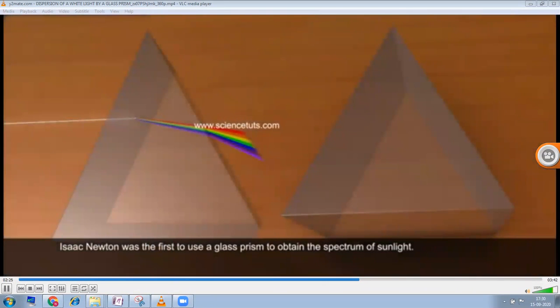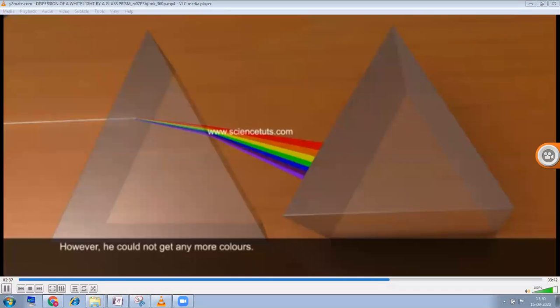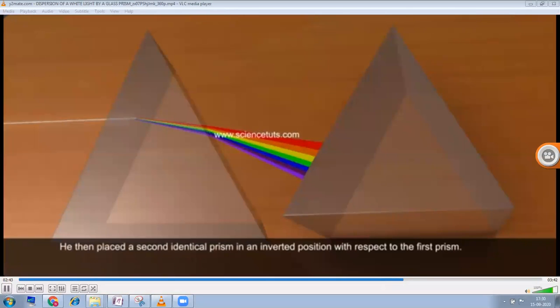Isaac Newton was the first to use a glass prism to obtain the spectrum of sunlight. He tried to split the colors of the spectrum of white light further by using another similar prism. However, he could not get any more colors. He then placed a second identical prism in an inverted position with respect to the first prism.